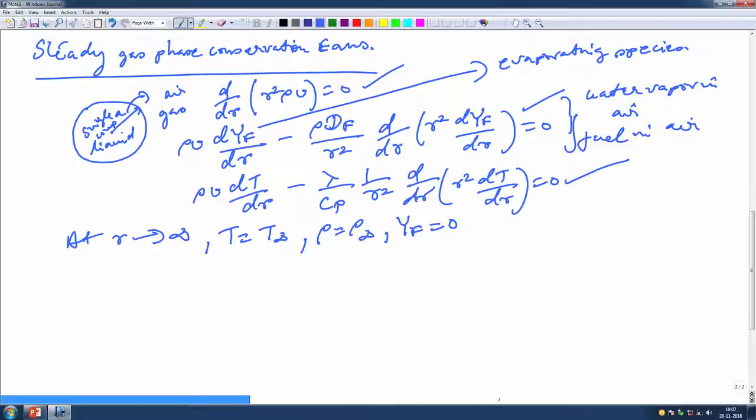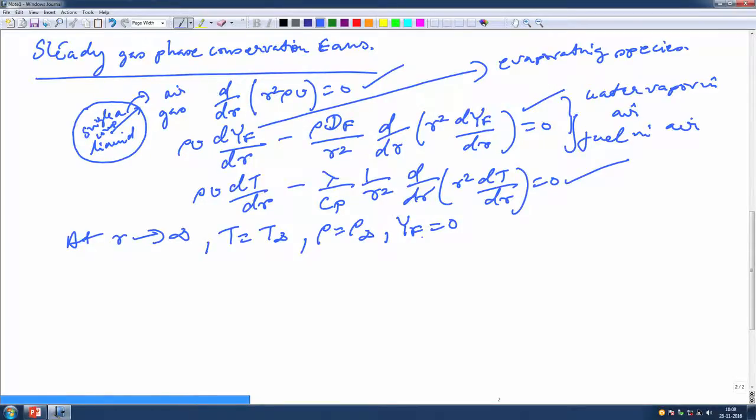In case of fuel in air, there is no fuel present in air normally, so YF will have the value of 0. Even in the case of water vapor, the amount of water vapor that is present in air is so very less that we can almost consider it to be equal to 0 at the very far field. That means it is almost like relative humidity is equal to 0 there. Normally that will be the case.